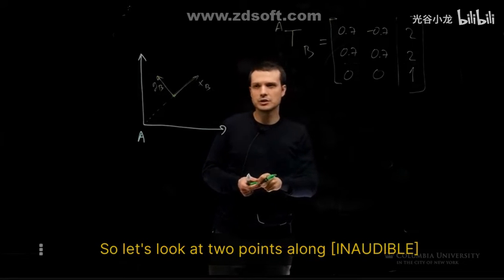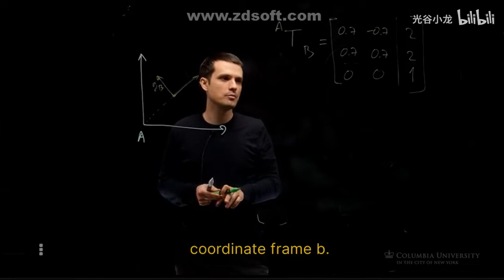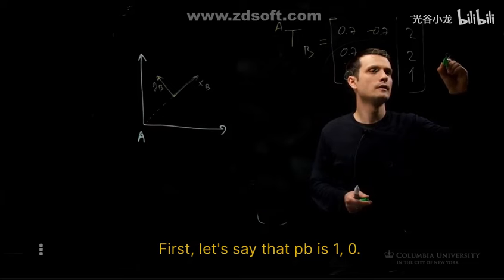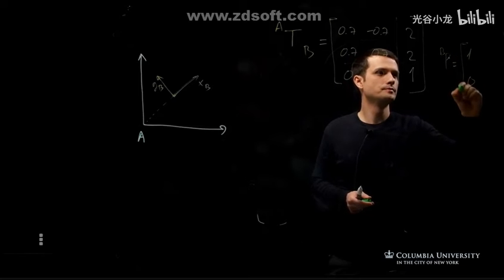Now, let's transform a couple of points. So let's look at two points in coordinate frame B. First, let's say that PB is 1, 0.